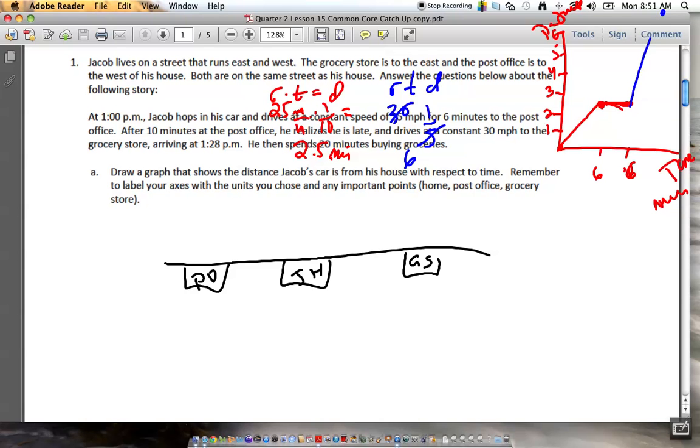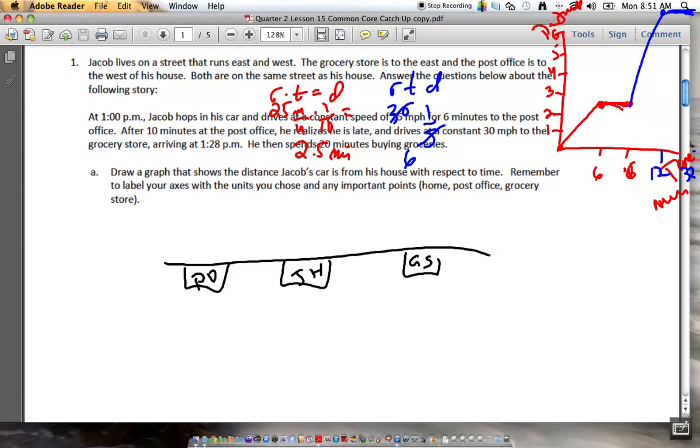Okay, so here's my graph up till there, and then it says he stays there for 20 minutes. So this would be another, how many minutes? At 1:28, which is 12 more minutes, and then he stays there for 20 minutes, so it's 32. I know the graph should have been done in a bigger space. All right, so bottom line is he drives for a little while at a set speed, which is 25 miles per hour.